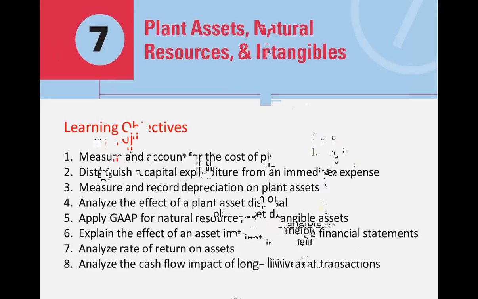So that would include the purchase price, any taxes we might pay, commissions, if we had to make a special foundation to put something on, or if we had to do specialty training to our employees, anything to make that asset usable to us as part of its initial cost that gets recorded in the asset account and is capitalized.